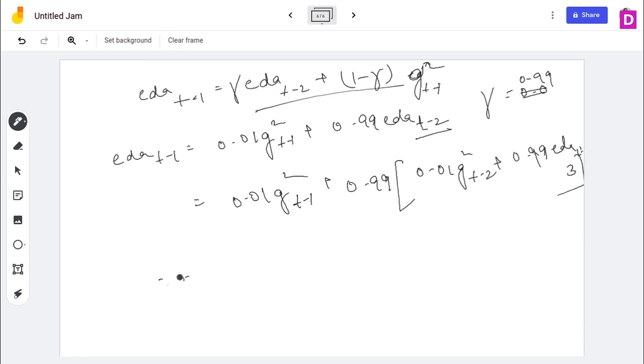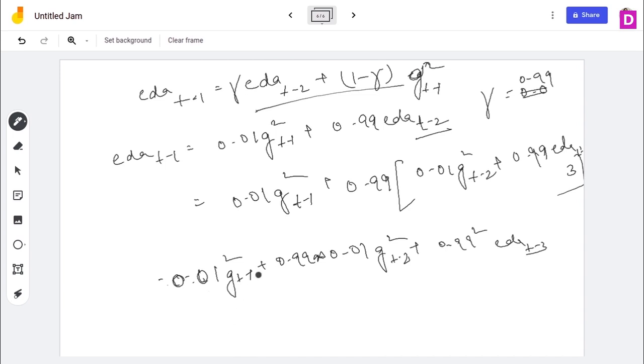So this will be equal to 0.01 of g(t-1) squared plus 0.99 into 0.01 of g(t-2) squared plus 0.99 squared of EDA t minus 3.